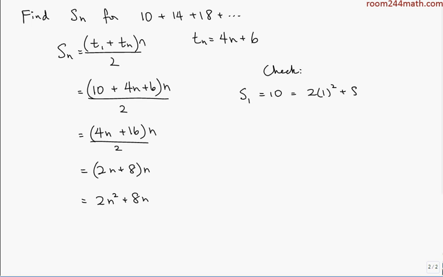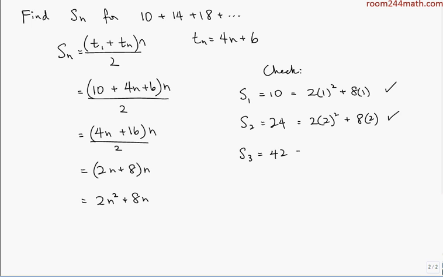Our formula says that that should equal 2 times 1 squared plus 8 times 1. Well, 2 plus 8 is 10, so that works. S2 is the sum of the first 2 terms. 10 plus 14, that's 24. Our formula says 2 times 2 squared plus 8 times 2. So that's 2 times 4, 8, plus 16, which is indeed 24.